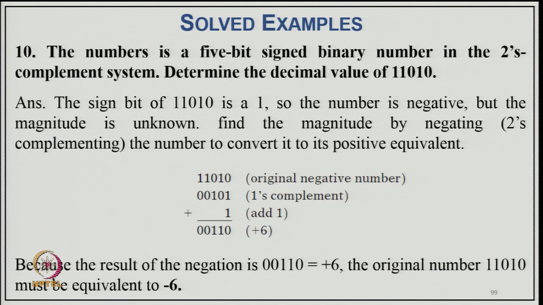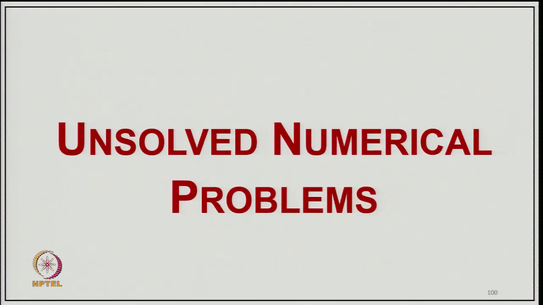So, we take the first complement, just change the digits: 1 becomes 0 and 0 becomes 1, 1 becomes 0 and 0 becomes 1, then we add 1. So, it becomes 0 0 1 1 0. It is plus 6. Because the result of the negation is 0 0 1 1 0, that is plus 6, the original number 11010 must be equivalent to minus 6.